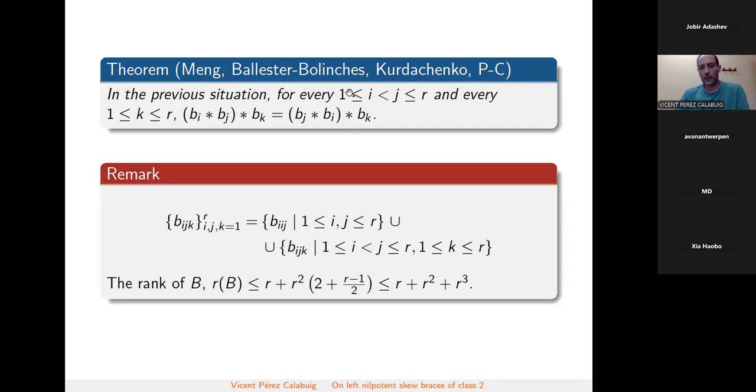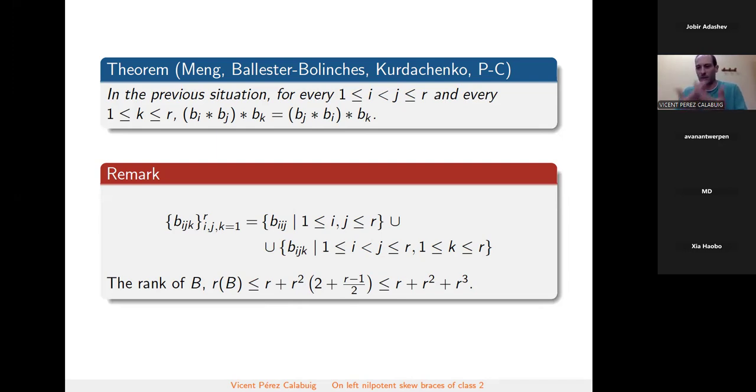And here, we are considering all possible star products of three elements such that the first index is strictly less than the second one and the third index is free. So as a consequence, we obtain this improvement of the previous upper bound. Okay, so we have described our additive group.